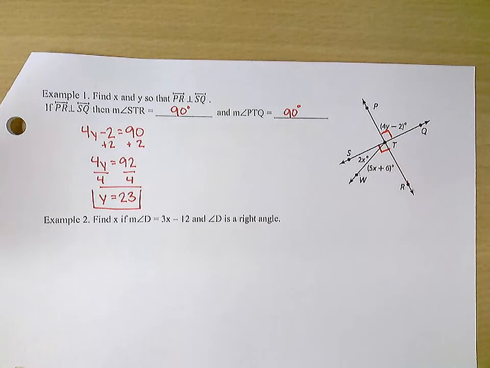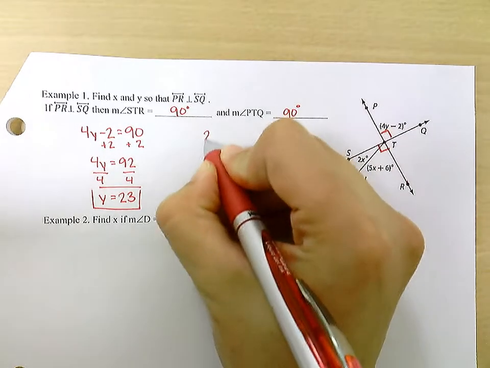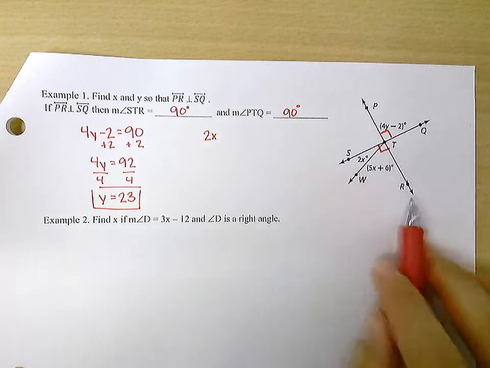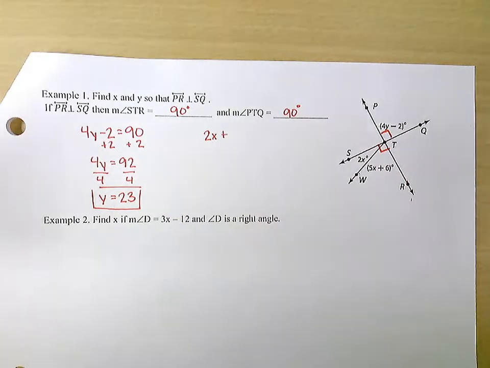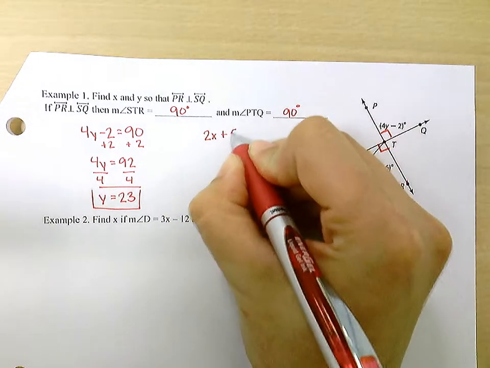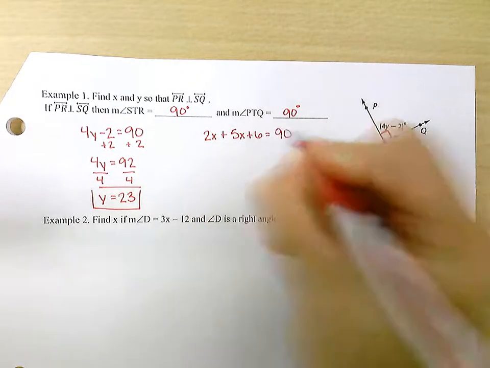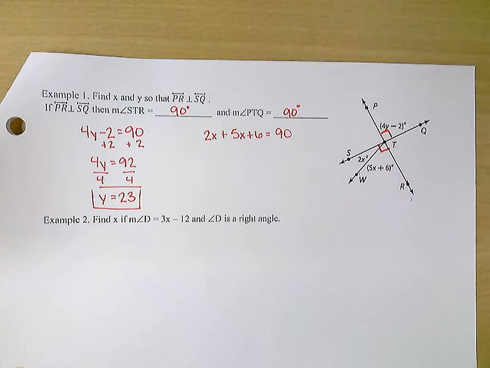So how could I set up an equation to solve for x? Add them. So I can add STW and WTR together, which is 2x, plus 5x plus 6, and that has to equal that 90-degree angle measure.